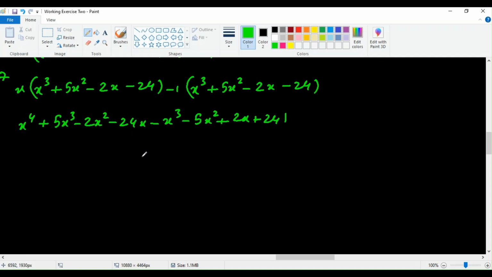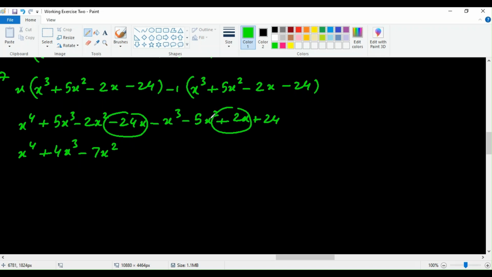Now simplifying this, keeping the like terms together, x power 4, I'm writing plus 5x cube minus x cube is going to give us a plus 4x cube. So I'm writing straight away without keeping the like terms together. Now comes 2x square and minus 5x square. So these two are going to give us minus 7x square. Then comes minus 24x and 2x.